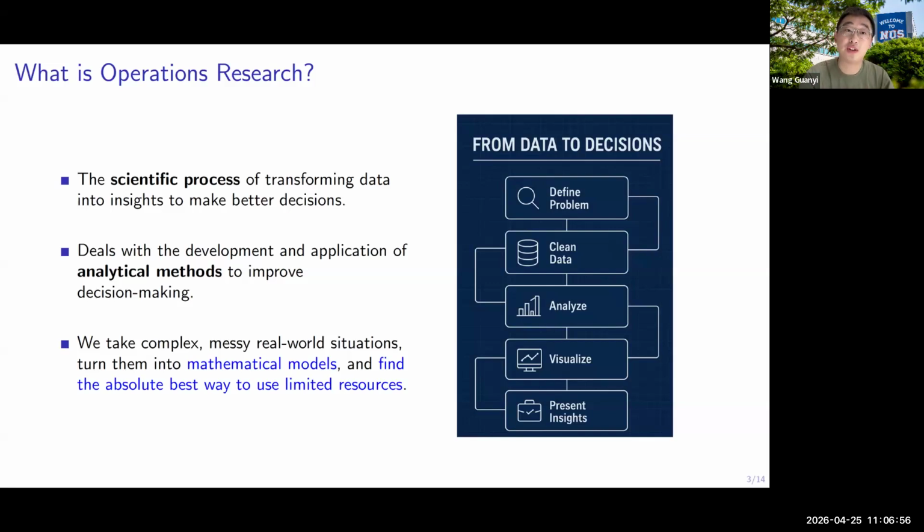What differentiates operations research from other fields of study is the analysis. It gives you a good framework for getting the data, turning it into a mathematical model, and then finding the absolute best way, rather than just relying on our daily experience to make a decision.